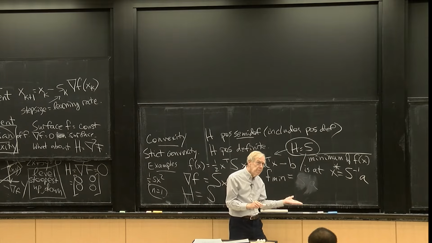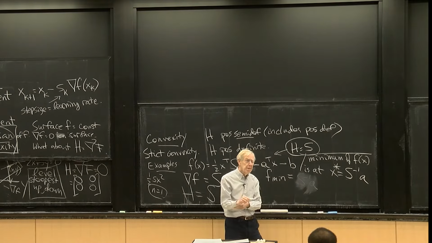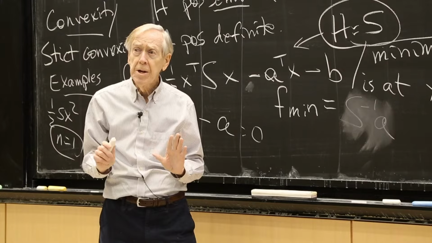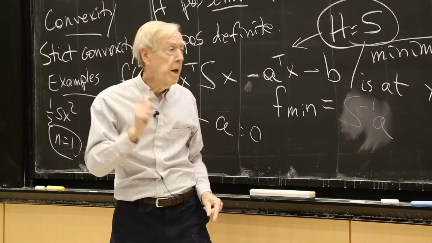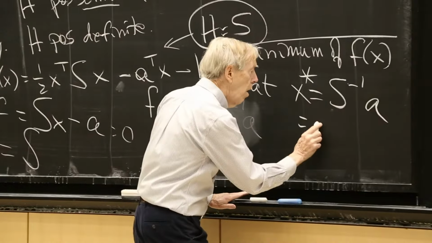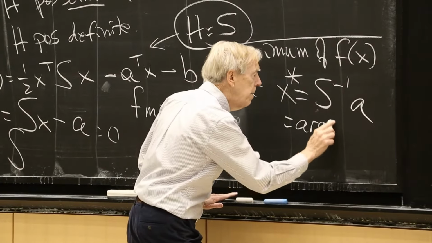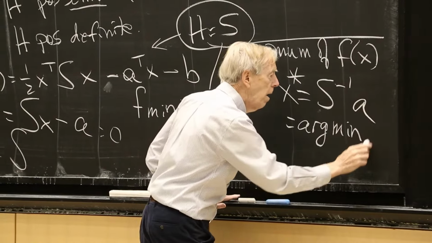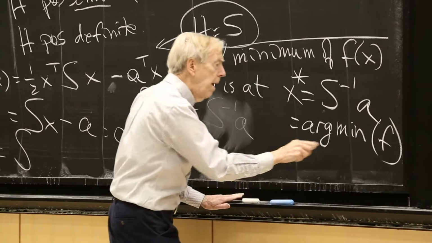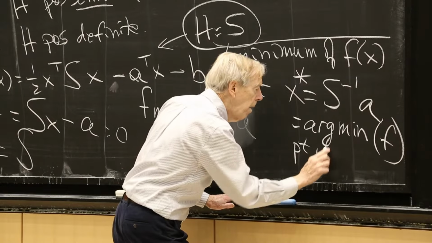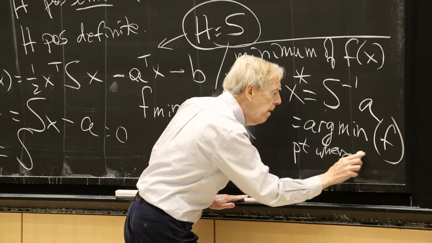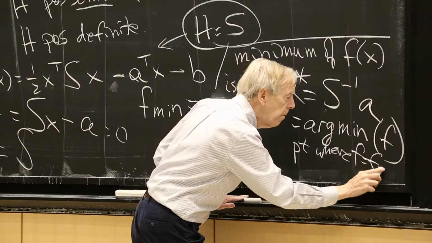It's not the minimum value, it's the point where it's reached, and the notation for that point is arg min, thanks. Arg min of my function. And that means the point where f equals f min.